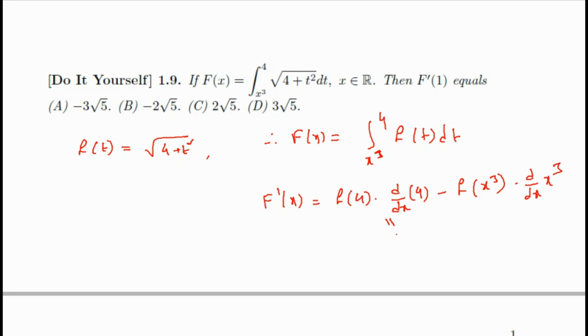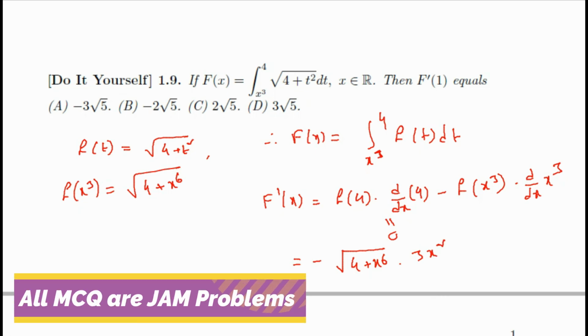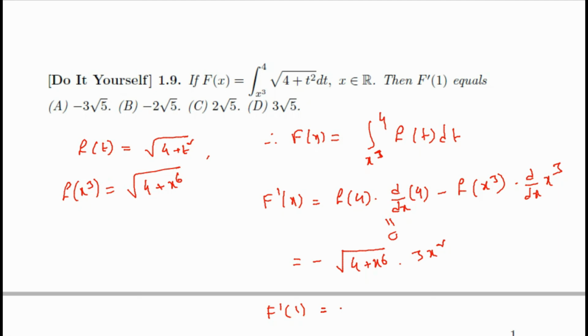So this part is 0, and ultimately we will get minus f of x cube, which is root over 4 plus x power 6, into 3x square. Now for f dash 1, put x equal to 1, we will have f dash 1 equal to minus root 5 into 3, equal to minus 3 root 5. So the answer is A.